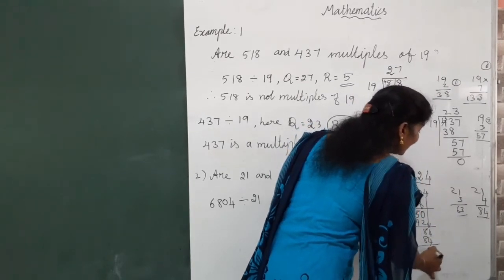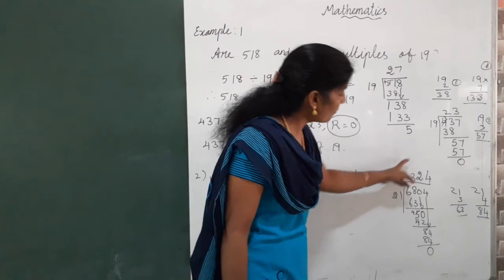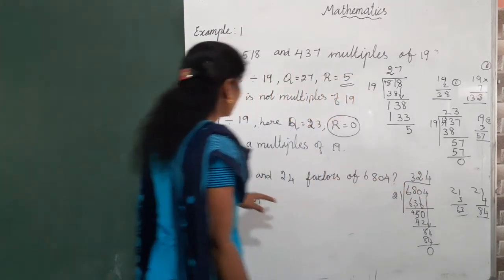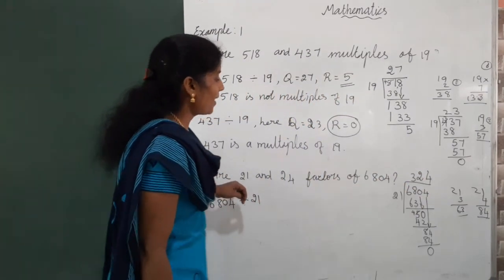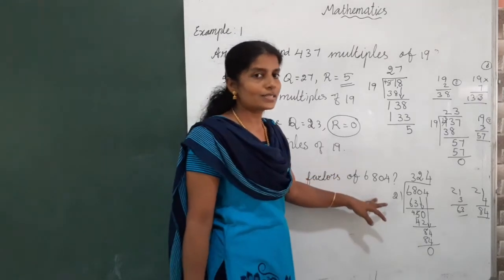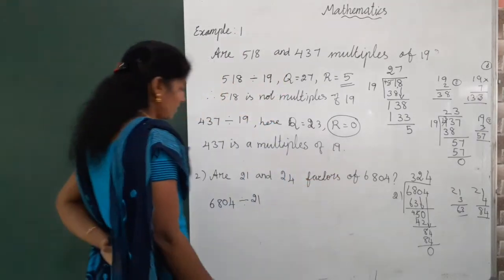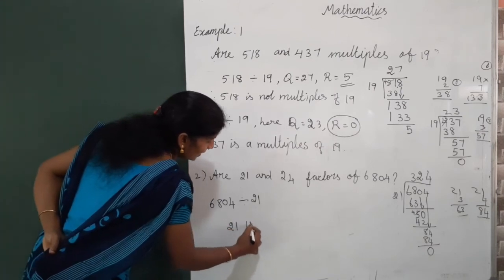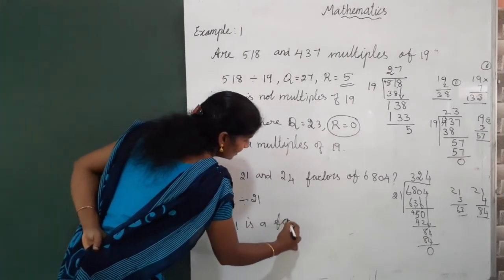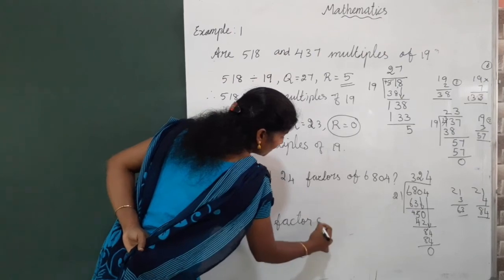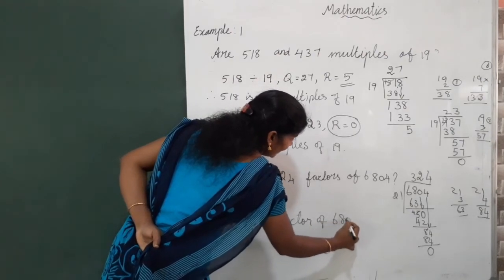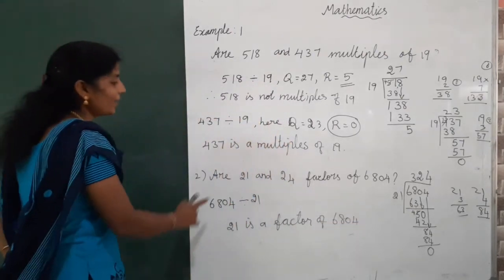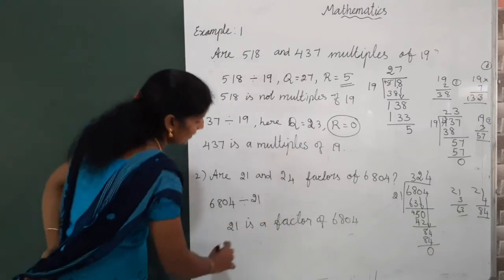Here we got remainder 0. So we can write 21 is a factor of 6804.